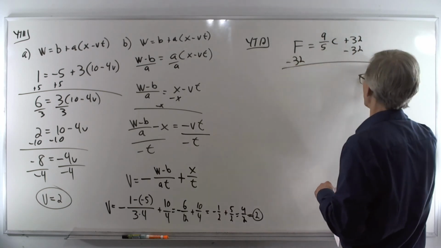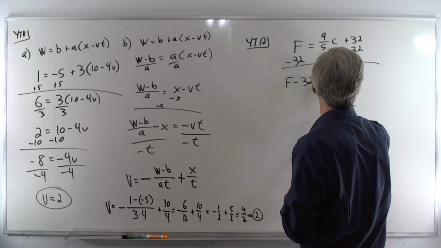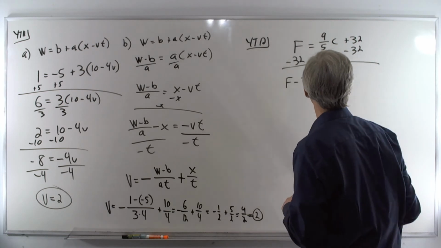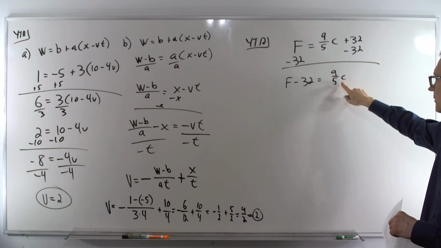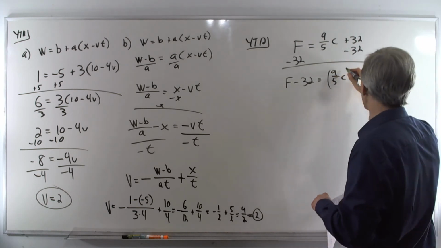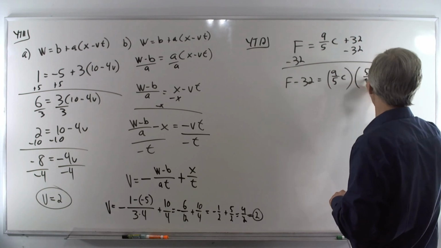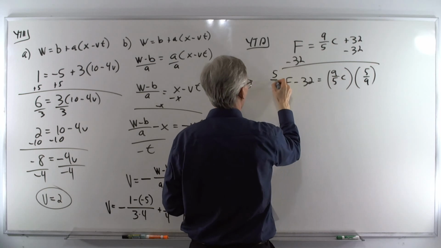All right, I'm going to subtract 32 from both sides. So that's F minus 32 equals 9/5 C. Now to get rid of that fractional coefficient for the variable, we're going to multiply by its reciprocal. Flip that fraction over. So multiply both sides of this equation by 5/9.